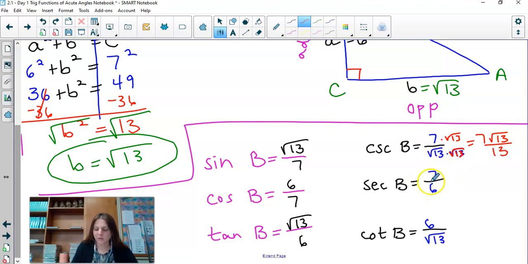You don't have to rationalize that. Go ahead and try to rationalize this last answer. And you have them all rationalized, and they're all in the simplest form.